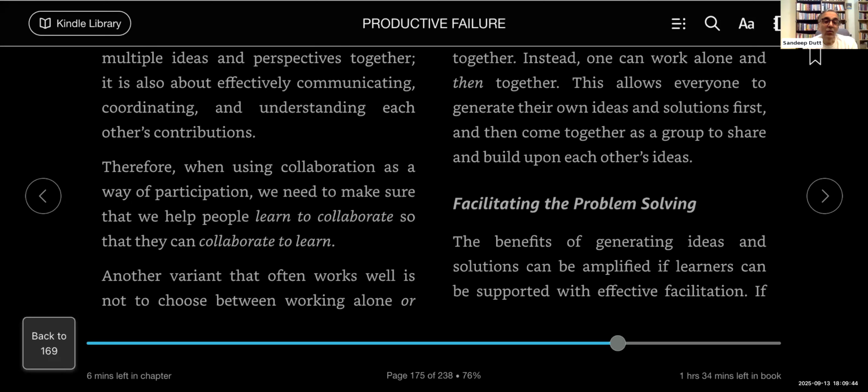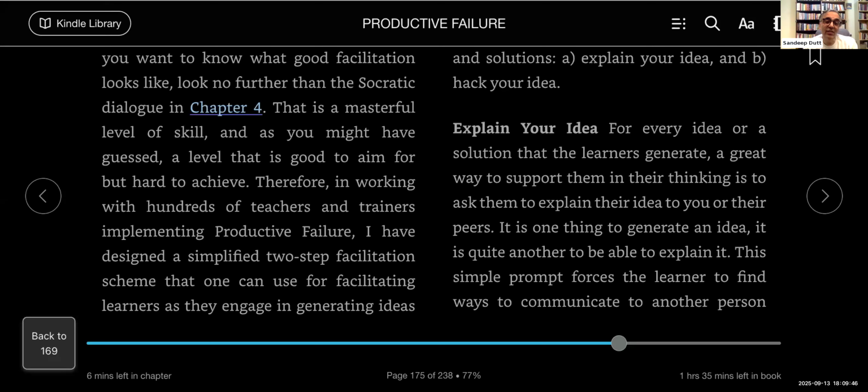Therefore, in working with hundreds of teachers and trainers implementing productive failure, I've designed a simplified two-step facilitation scheme that one can use for facilitating learners as they engage in generating ideas and solutions. First, explain your idea. And second, hack your idea.